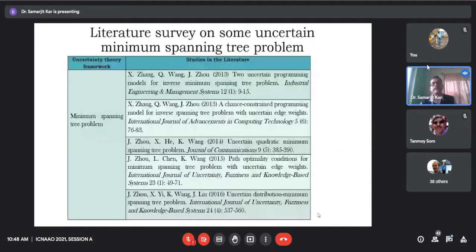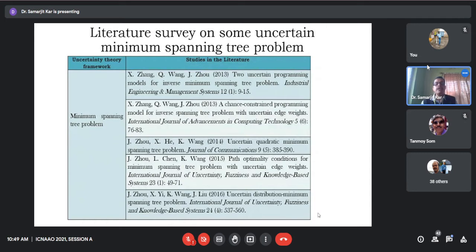So here there are some literatures which deal with uncertainty based minimum spanning tree problem, but no one has considered the multi-objective minimal spanning tree problem. Because if we consider some real life problems like bus route problem or clustering analysis or brain computing network, there are some applications where we always deal with multiple criteria or multiple objectives.